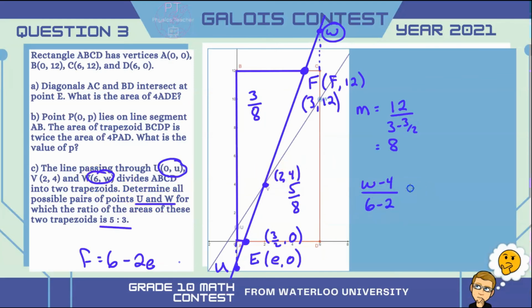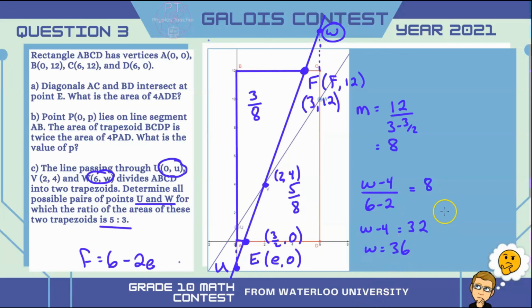And now I know that that is going to equal 8. So 6 minus 2 is 4, so we end up with w minus 4 equals, and then cross multiply, we get 8 times 4, which is 32. And so w is going to equal 36.